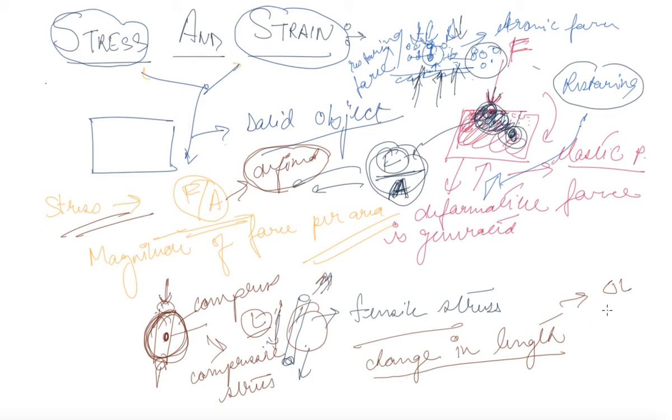So if I take the ratio of the amount that has been changed divided by the total length, then this type of equation that arises from stress is known as strain.